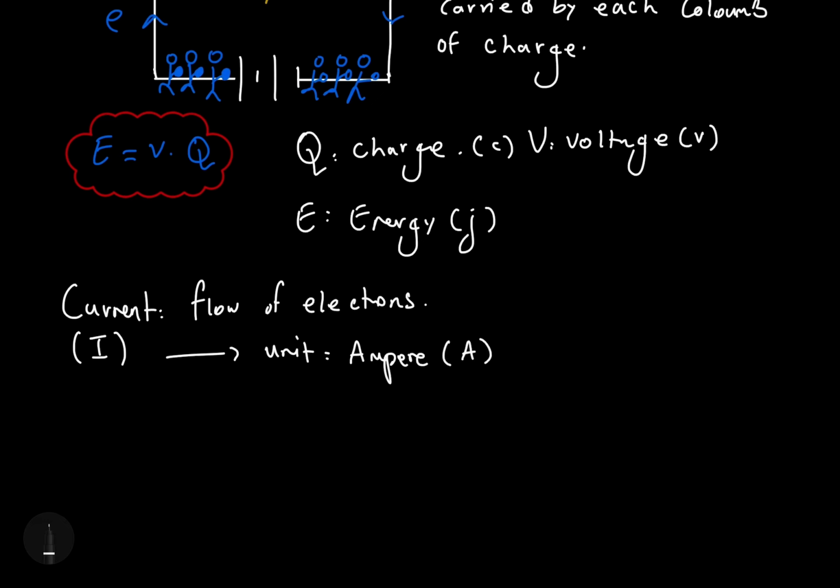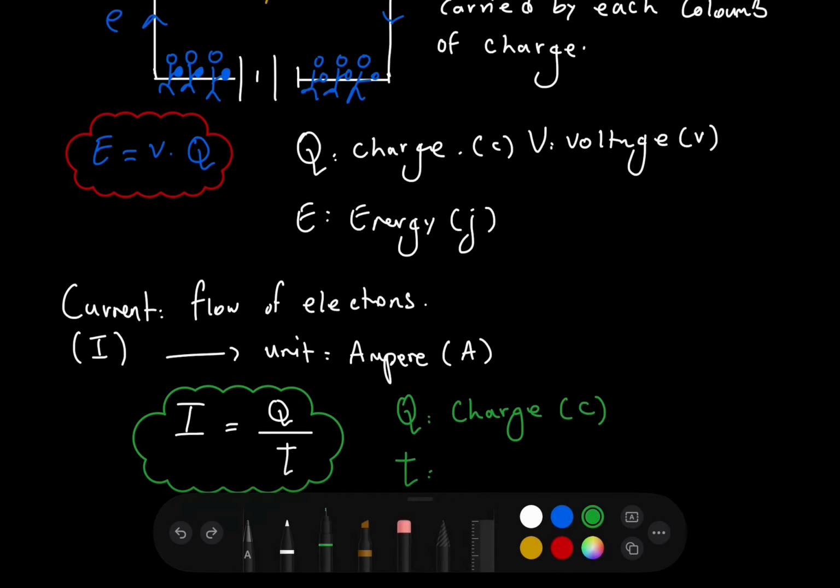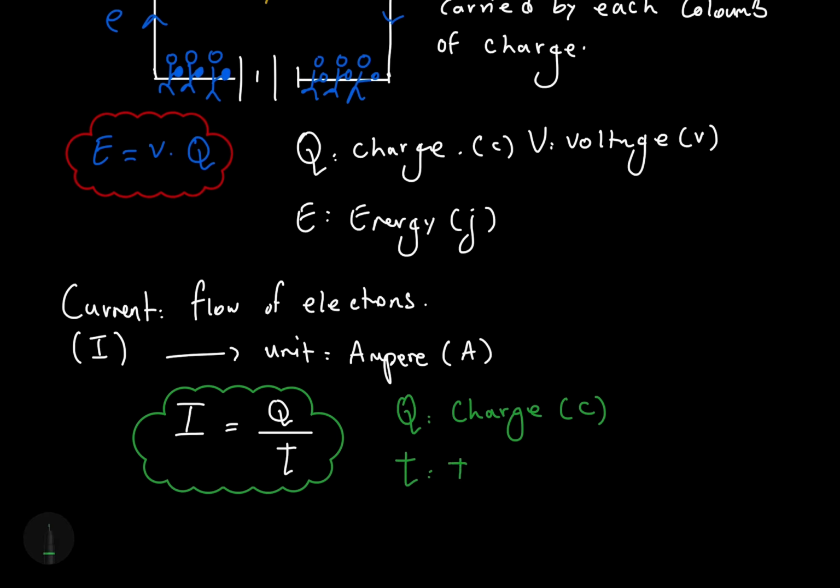Now, in order to calculate the exact amount of current in a circuit, you have to divide the amount of charge that passes through per second, so per unit of time. So Q over T gives you the electrical current, where Q is the electrical charge measured in coulombs, and T is the time measured in seconds.